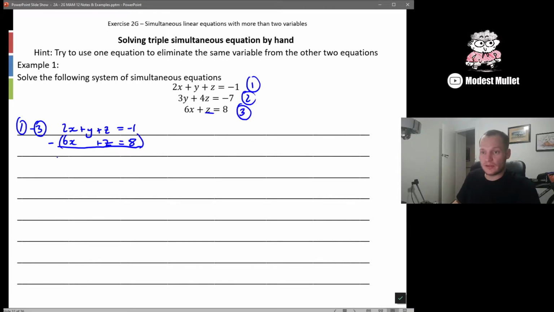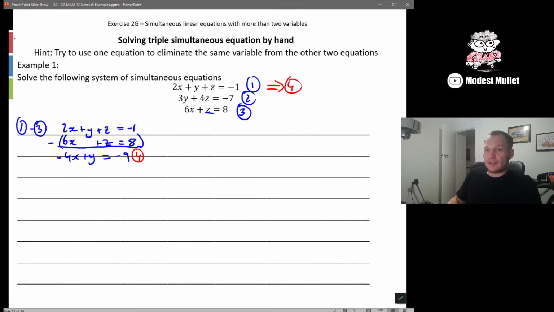Taking away all of that, I get negative 4x plus y is equal to negative 1 take away 8, which is negative 9. So I now have one equation, and I'm going to call this new equation, a version of equation 1, equation 4.